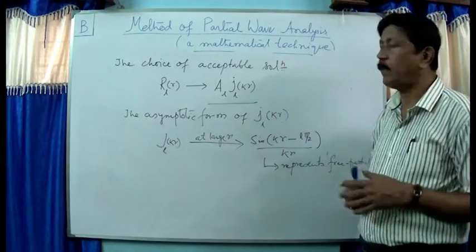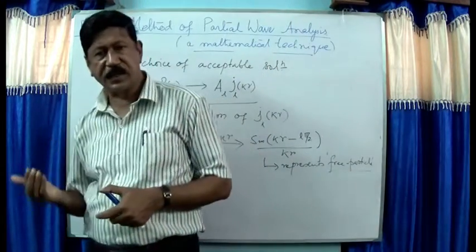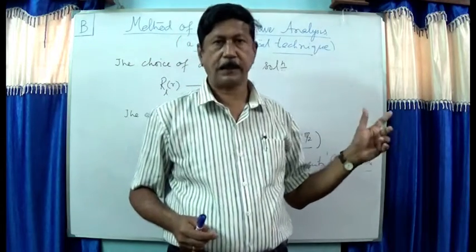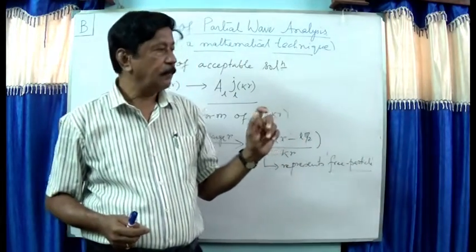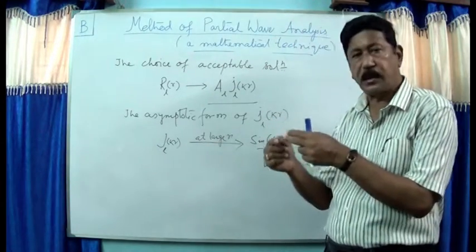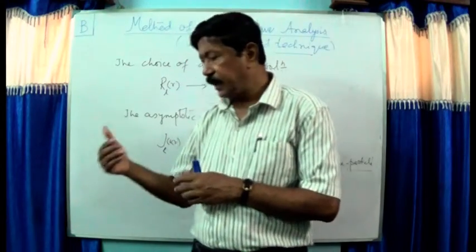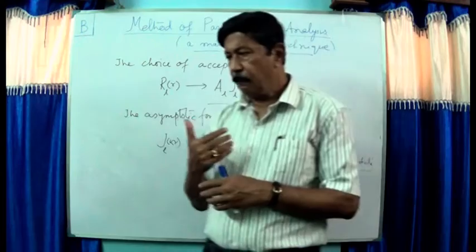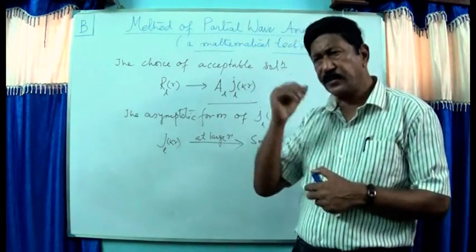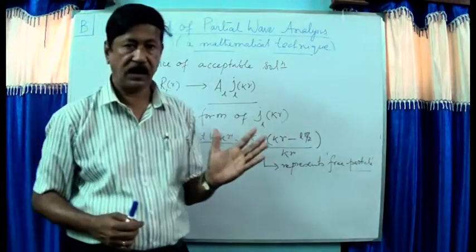Now, as we are discussing the scattering phenomena, it is quite natural to expect that the scattered wave must contain some information about the interaction potential. I mean, the scattered wave must differ from the incident wave at least by one factor, that it suffers some interaction.